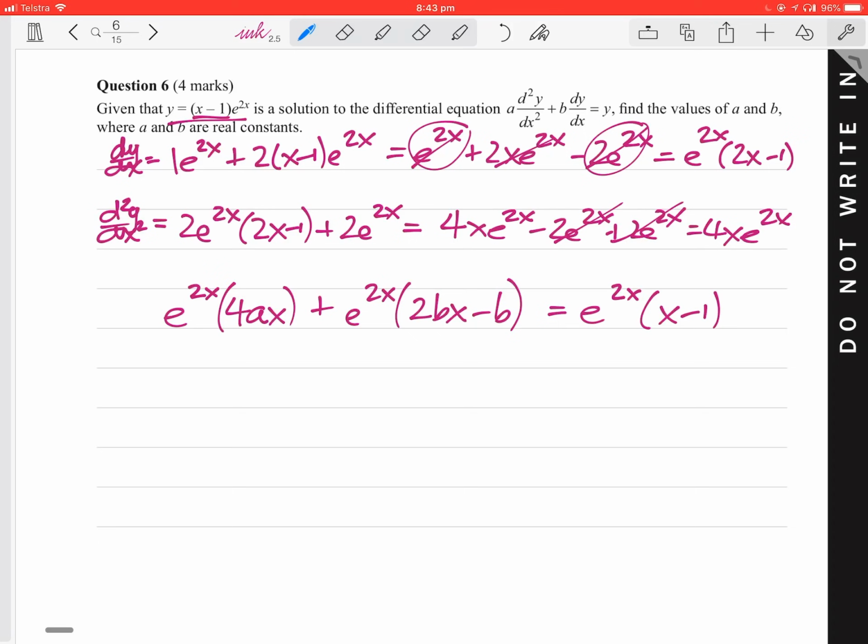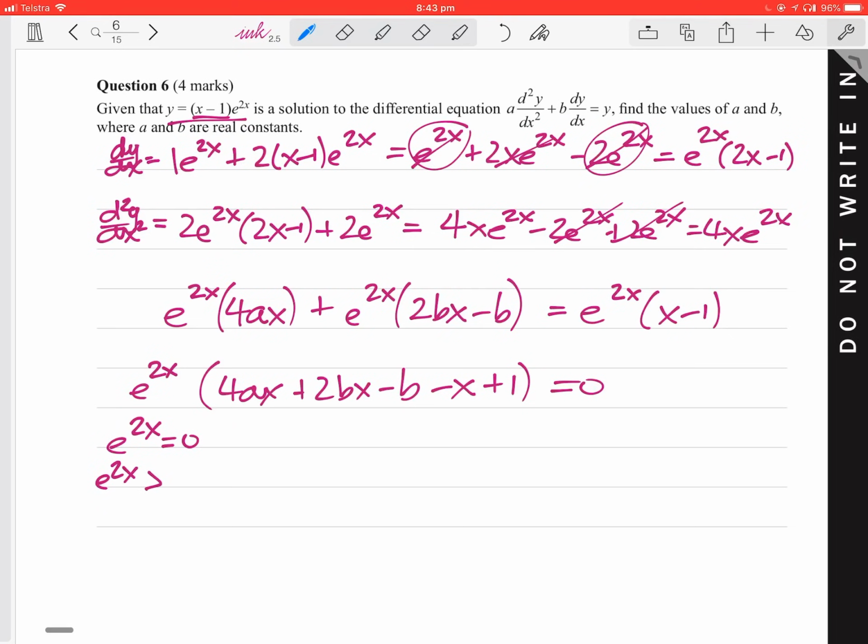Okay, bring it all to one side, so we get e to the 2x times 4ax plus 2bx minus b, minus x plus 1, equals 0.